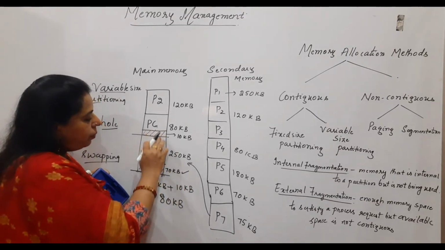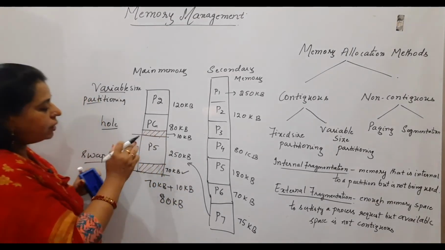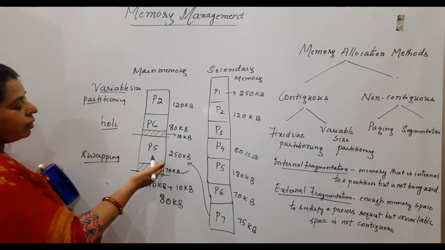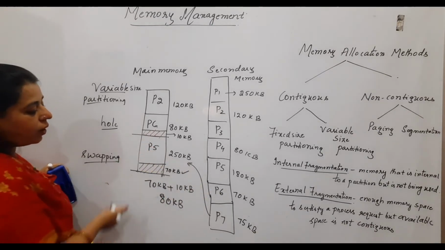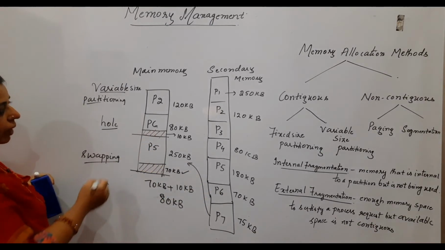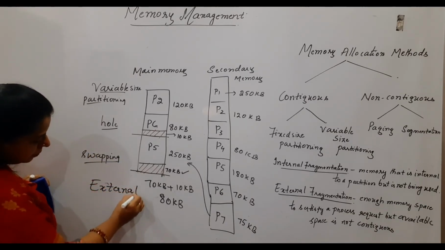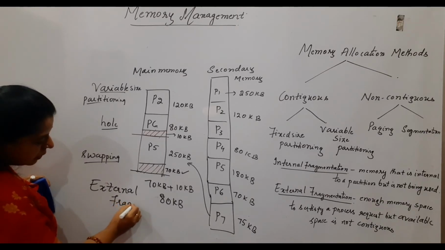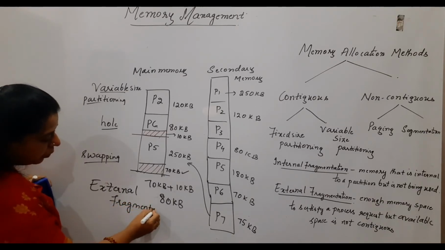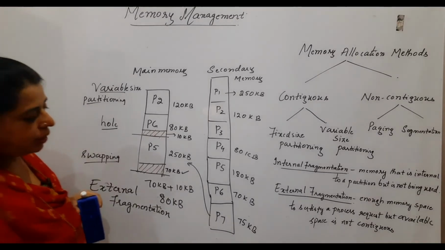So this type of fragmentation, wherein you have space but still you are not able to accommodate the process in the main memory, is called external fragmentation. External fragmentation may happen in both variable size as well as fixed size partitioning.